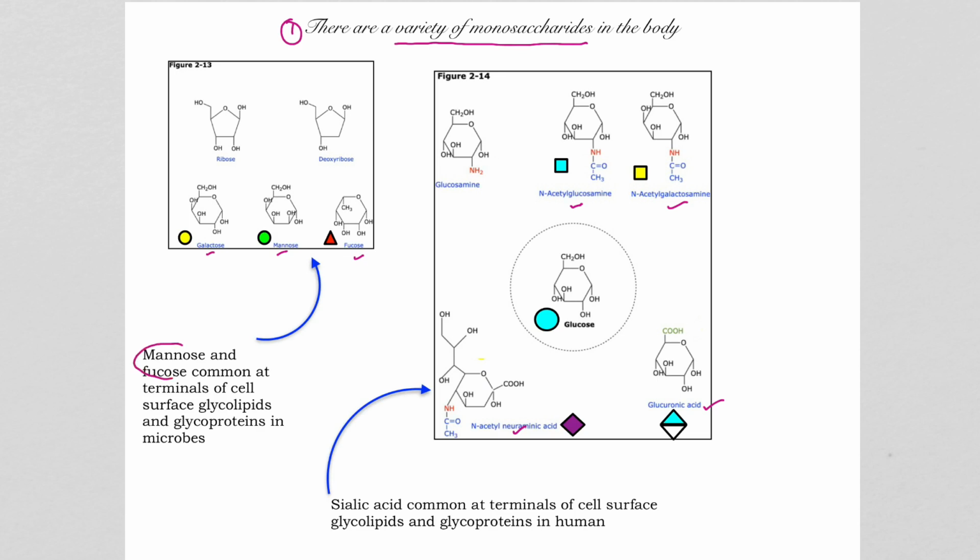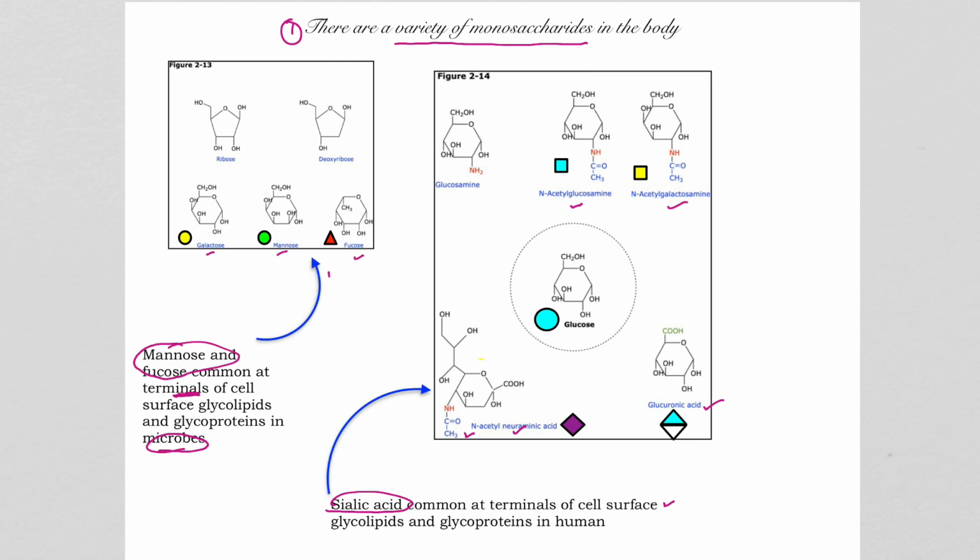These two, for example, mannose and fucose, are very common at the terminals of cells of microbes, while in humans, the terminals of cells are very rich in this one here, sialic acid or N-acetylneuraminic acid.